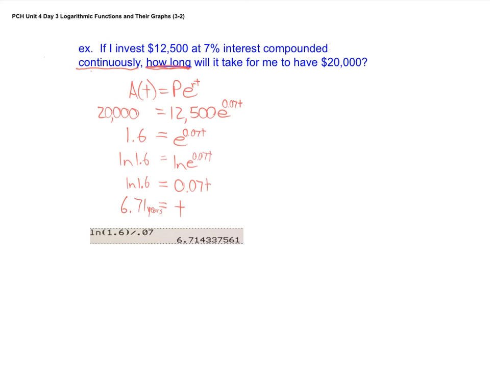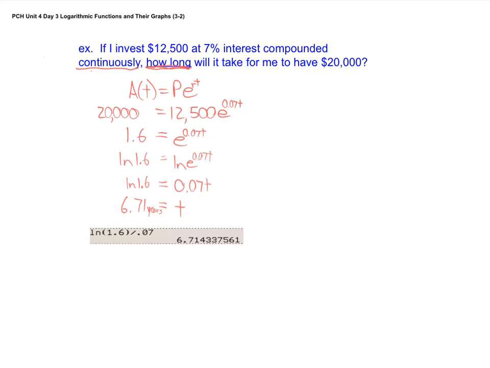Alright, so if we wait 6 years, 9 months just to be safe, we'd have a little bit over 20,000. Now, we can do this also with other bases. We don't have to just have e and 10, but we're going to look at the change of base formula in order to handle those later.